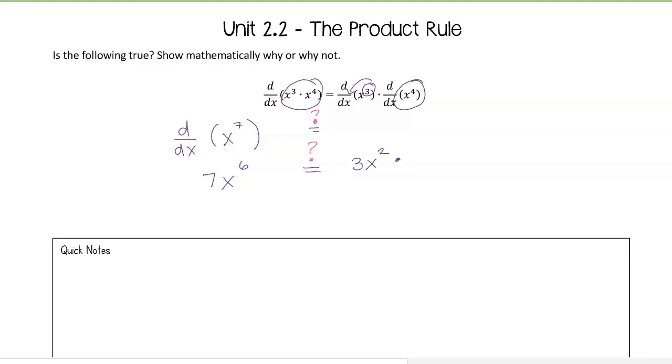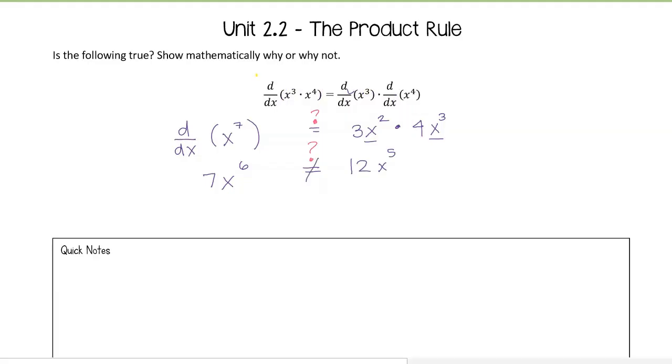I'm going to use the power rule again. 4 comes out in front, times x, then I'm going to subtract 1 from the exponent. I get 3. Since these are all being multiplied, I can move some of the factors around. So 3 times 4, that'll be 12. Then I have x squared and x to the third. I can just add those exponents and get x to the fifth.